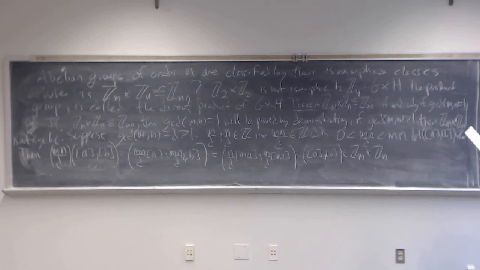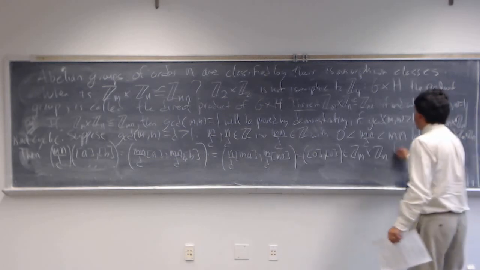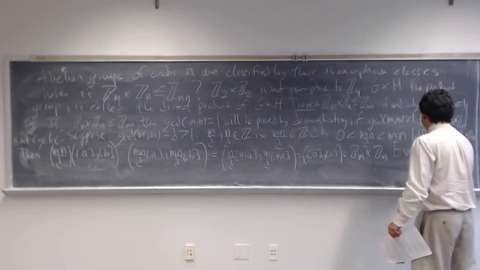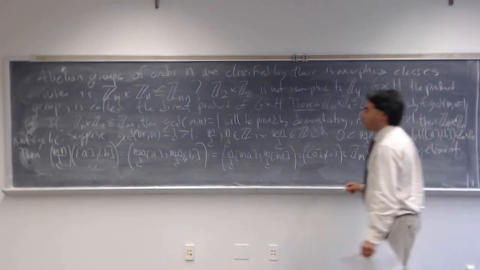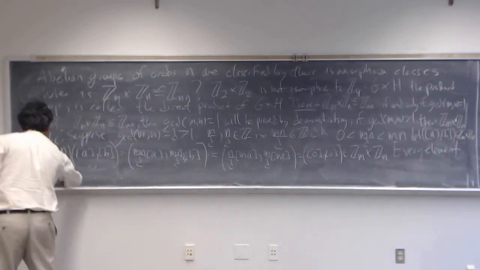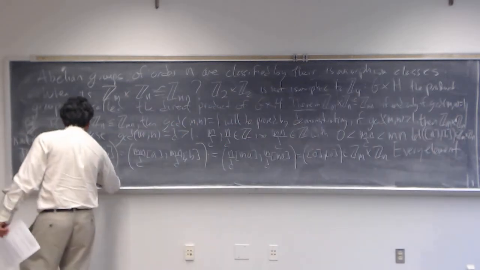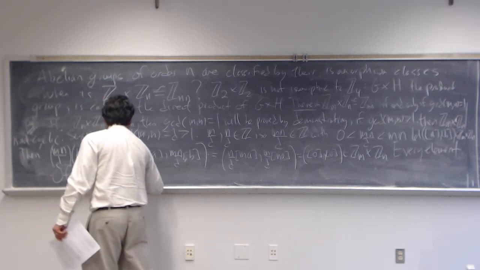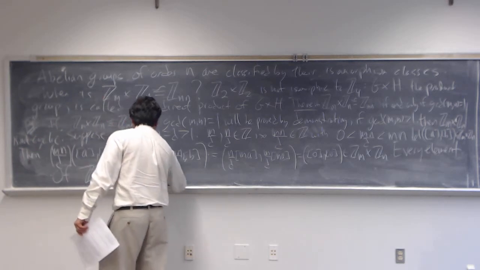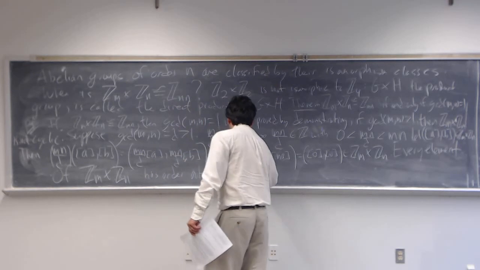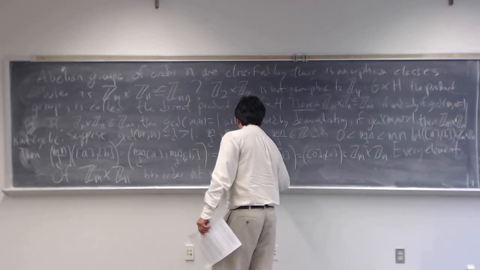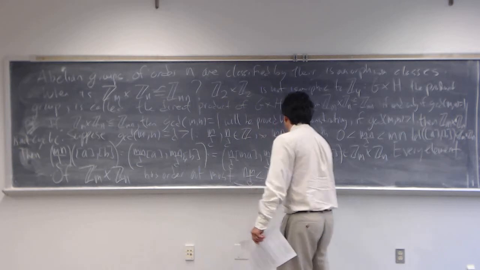So what does that tell us? That tells us that every element of the product group, that's what ab was, a typical element, has order at most mn over d, which is strictly less than mn.